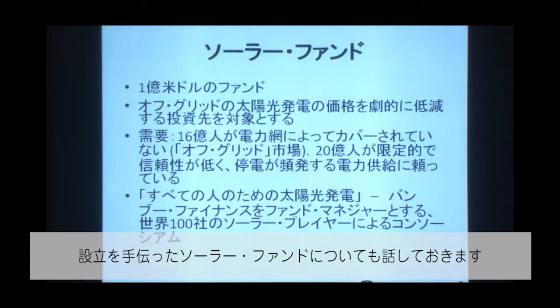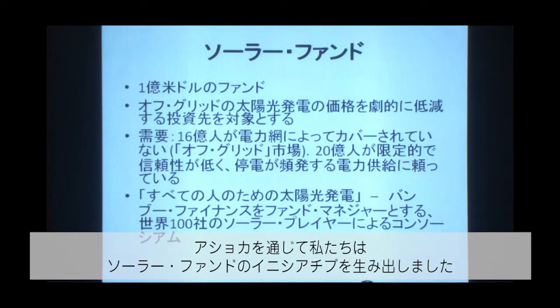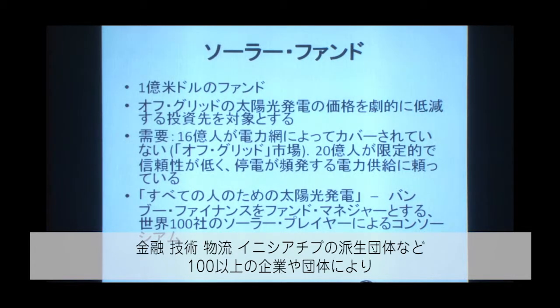I wanted to mention a solar fund that I helped develop. Again, through Ashoka, we developed a Solar for All initiative of over 100 different companies and other groups in financing, technology, distribution.